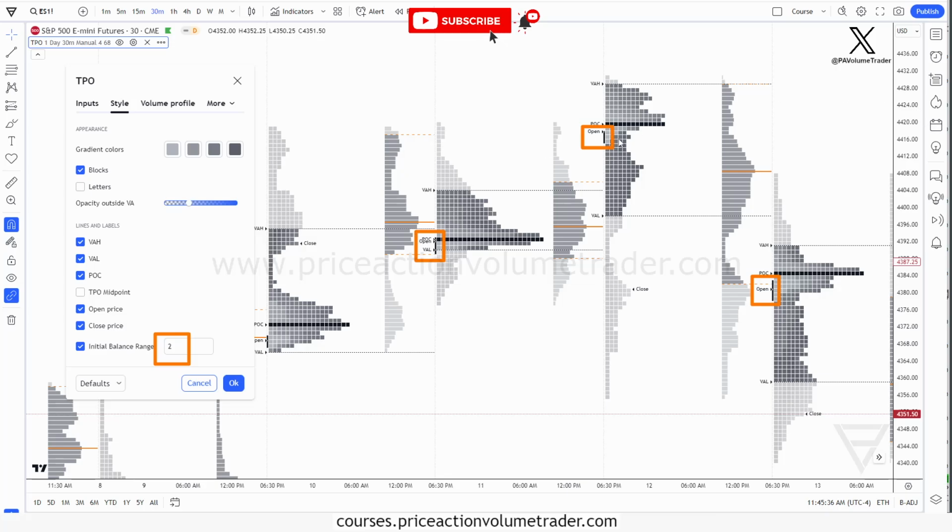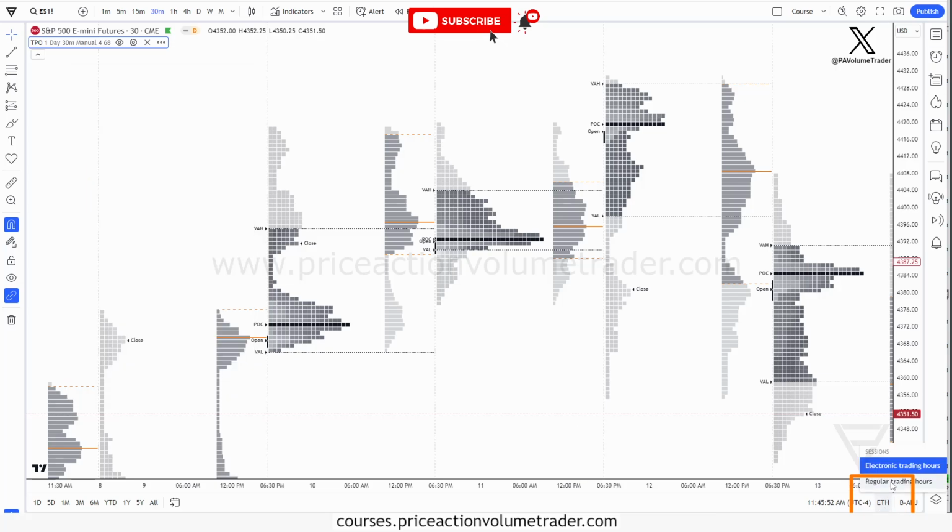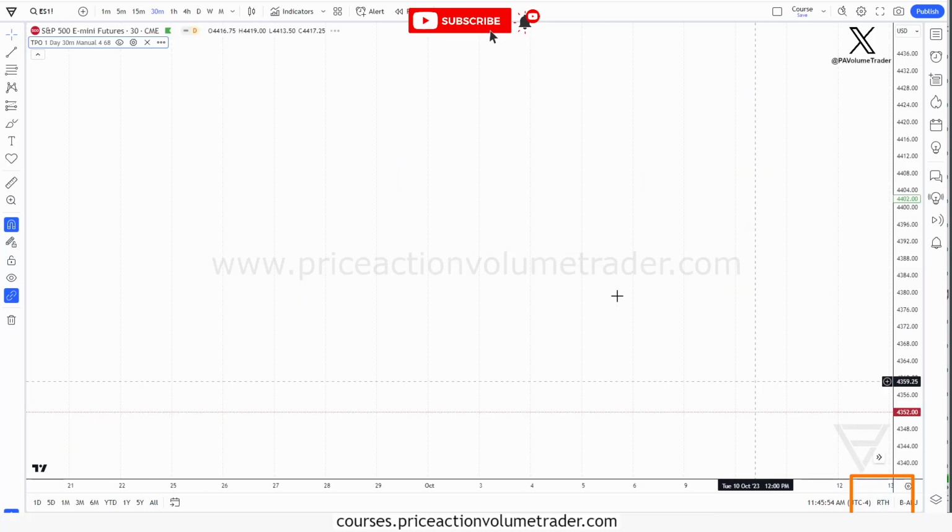These ranges look tiny because this is the extended trading hours in futures. But if you want to just display regular market hours, down here, if you click on this, you can put regular trading hours, and this is going to reload.